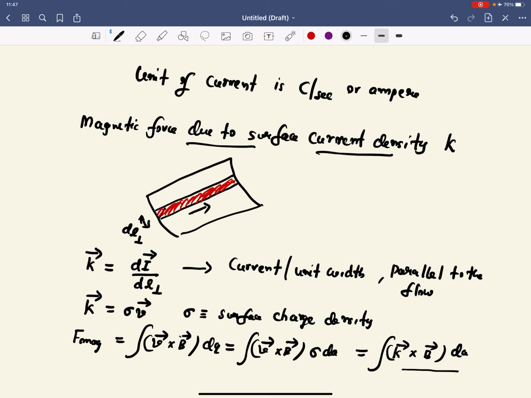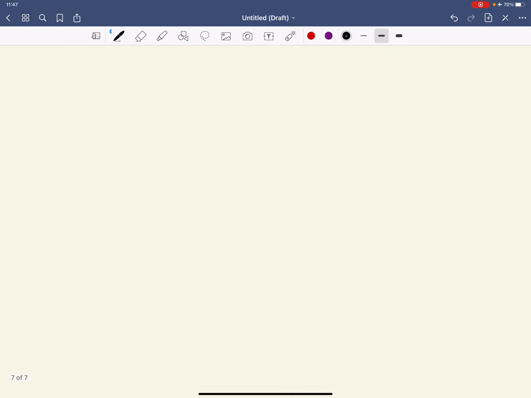In that case we can represent the current density as a volume current density J. So we are trying to find the magnetic force due to this volume current density J, where the charge distribution is over a volume.